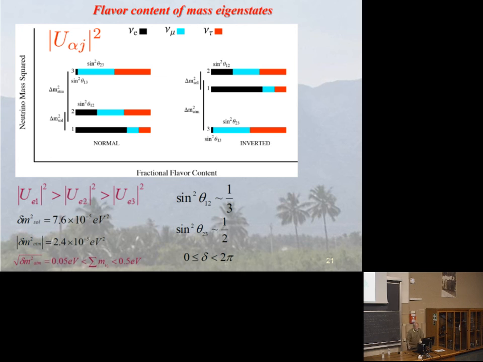And I show that here. So the best solution we have, taking all the data that people have right now, I summarize in this rather strange plot here. So the mass differences are shown going this way. And the fact that any given one isn't made up just of one kind of neutrino is shown by the color bars on here.